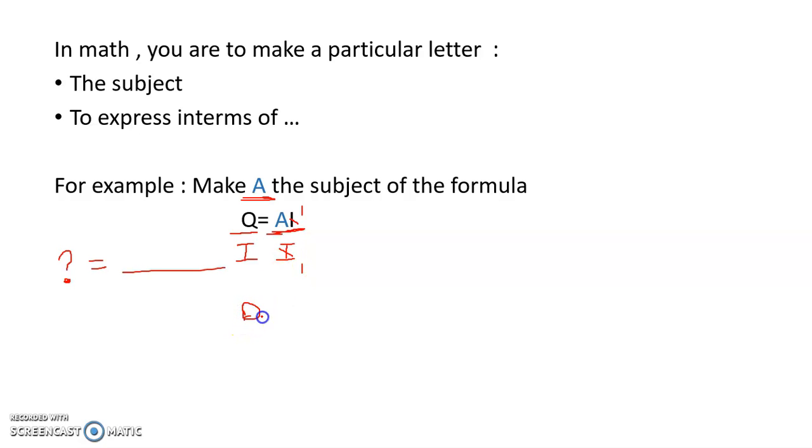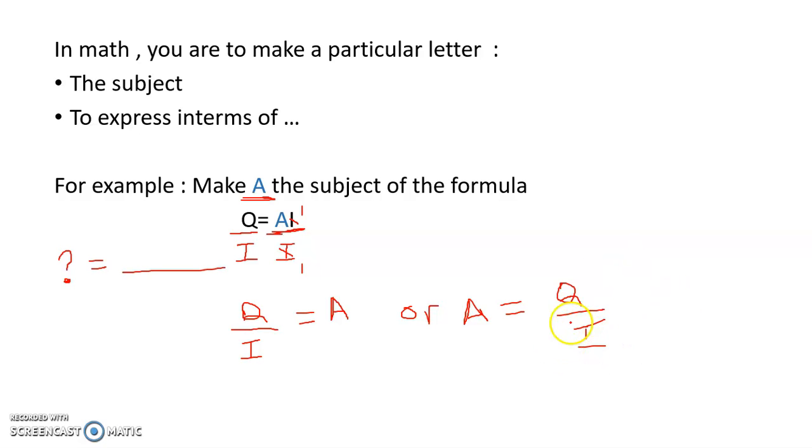So here we'll have Q divided by I. We got rid of the I here, which is equal to A. Or you can write it the other way around, A equals Q over I. So here we see how we made A the subject, how we made A equal to the rest of the equation.